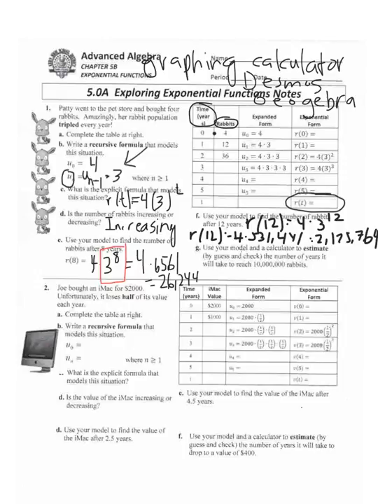For letter G, use your model and a calculator to estimate, by guess and check, the number of years it will take to reach 10 million rabbits.